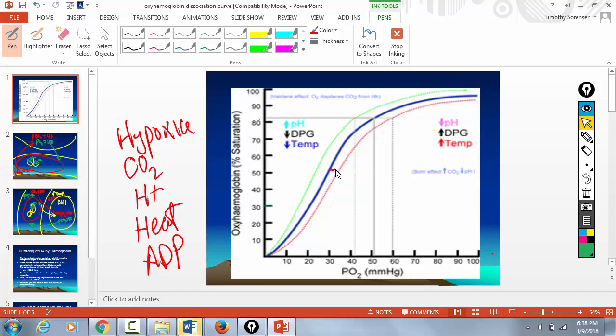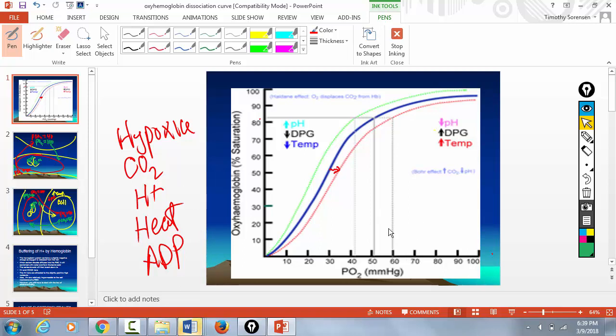No? All right, watch. I'm going to simplify it first, then I'm going to explain it. In a right shift of the oxyhemoglobin dissociation curve, what that means is that for any given PO2, hemoglobin saturation is lower. Let us observe.